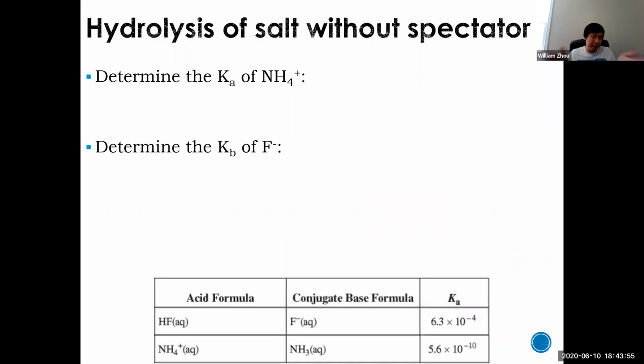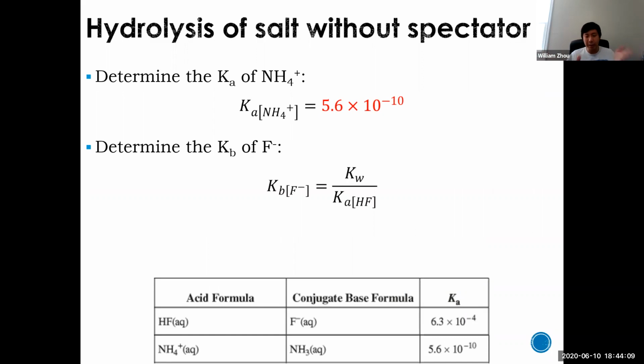So the Ka of NH4, you can look on the table, 5.6 times 10 to the negative 10. What about the Kb of F? There is no Kb table, but you do need the Ka table. Find the Ka of HF, the conjugate acid: 6.3 times 10 to the negative 4.